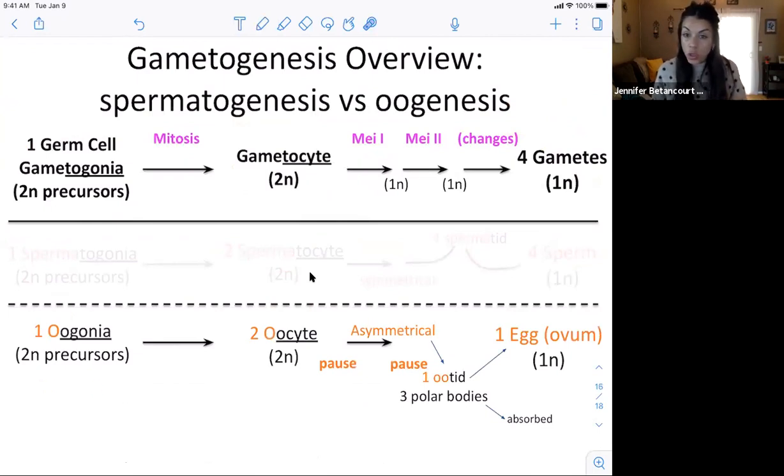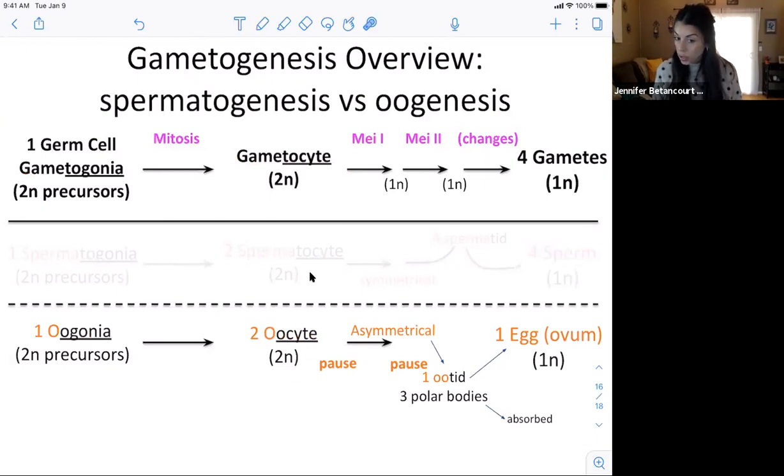The precursor germ cells, the very early baby stem cells that are eventually going to become egg, are called oogonia. Just like spermatogonia, gametogonia, oogonia. Those undergo mitosis to build a huge pool of future eggs. Those future eggs are called oocytes, just like spermatocyte, gametocyte.